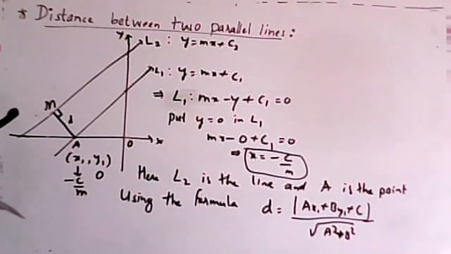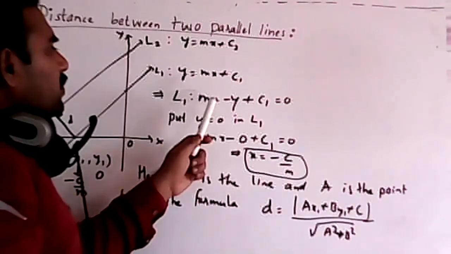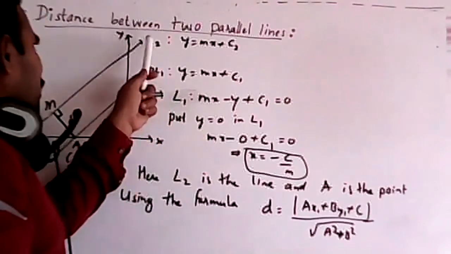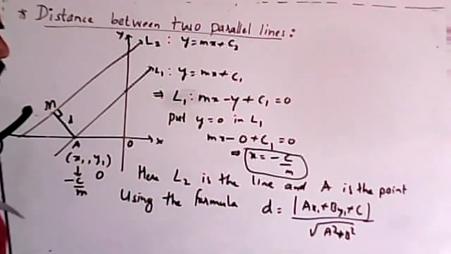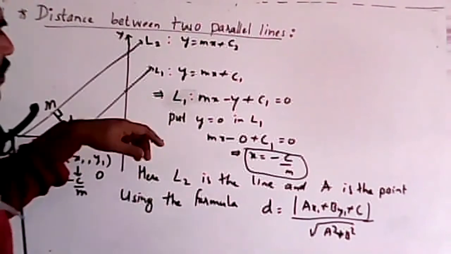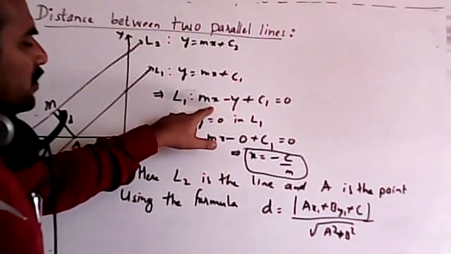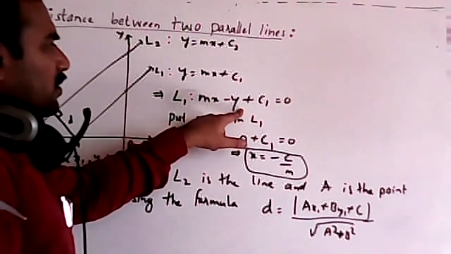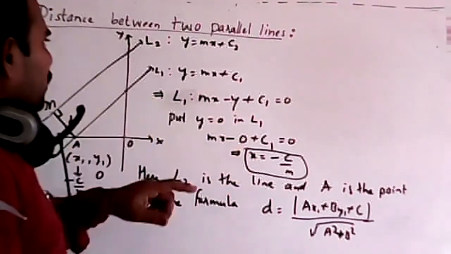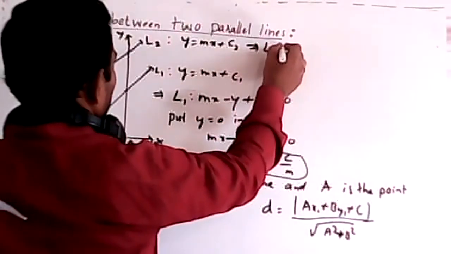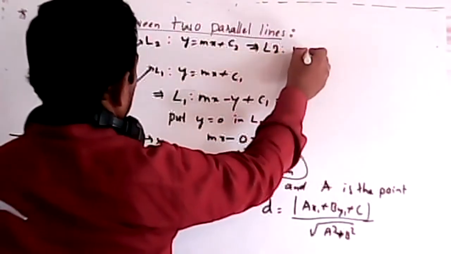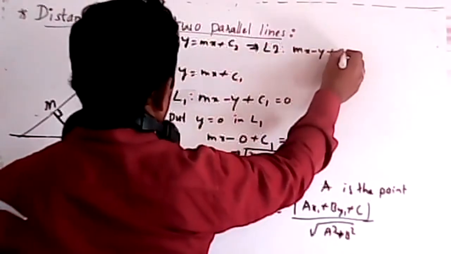Now the line is this one. L2 is the line and A the point. Then you consider L2, which is looking like Ax1 plus By1 plus C. So L2 is nothing but mx minus y plus C2 equal to 0.